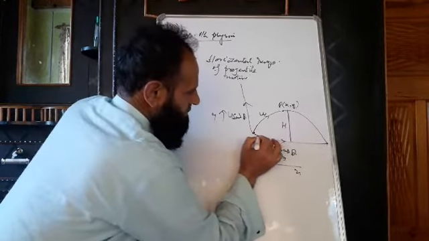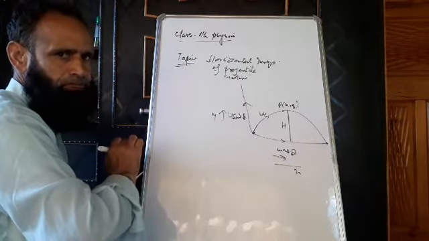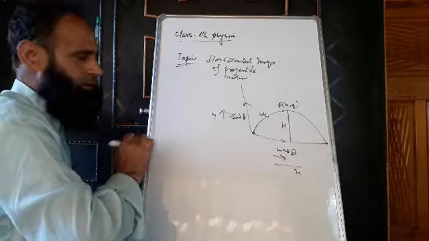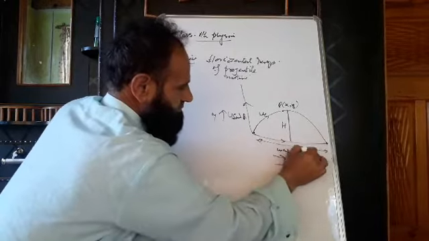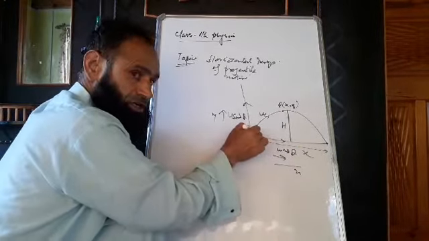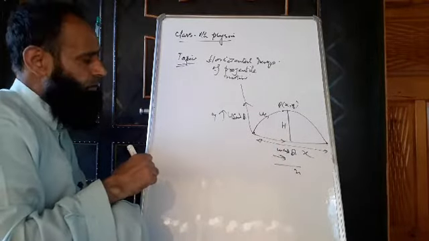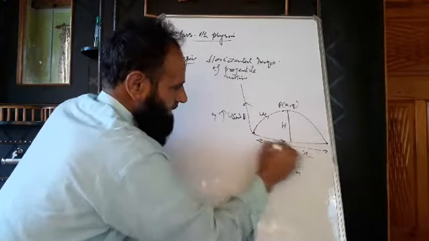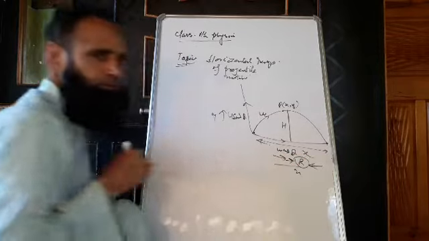The horizontal distance covered by the projectile from the point of projection to the point of hitting the ground is called the horizontal range. We show this x as the horizontal range.